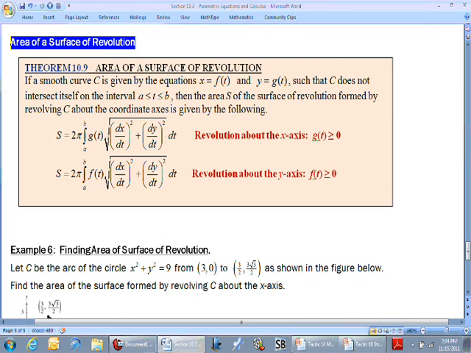But the two are very related by the fact that in essence what you are taking into consideration is that you are taking 2 pi times a radius, and that's what your equation g of t will mean when you revolve about the x-axis, because g of t is equal to the y. It's a vertical distance from the x-axis.